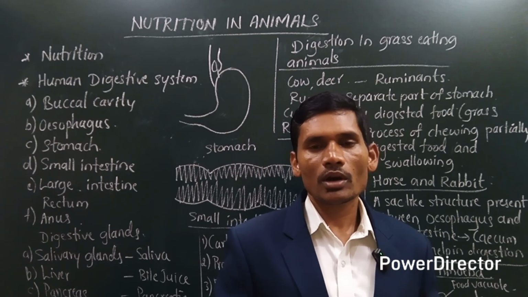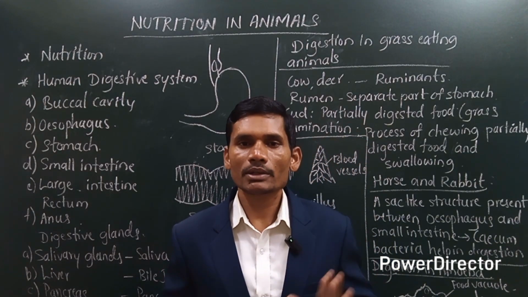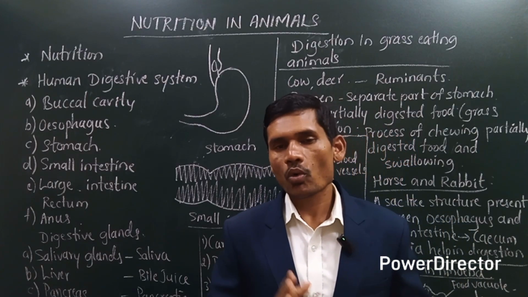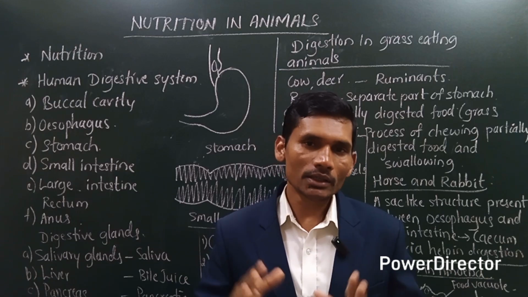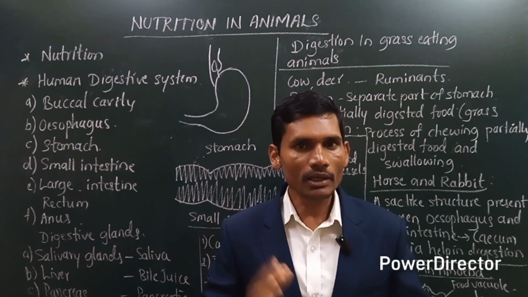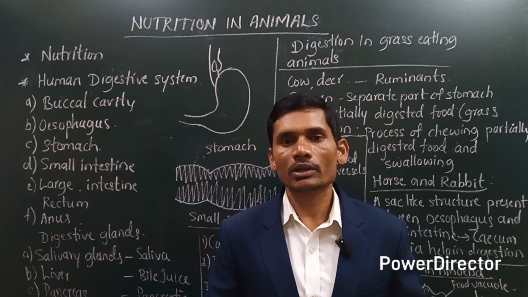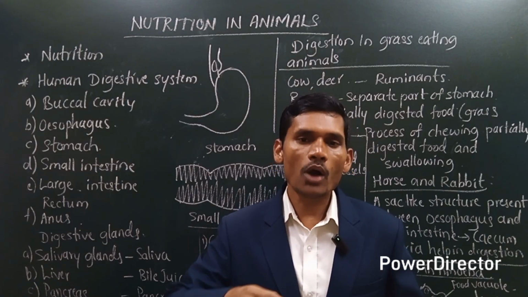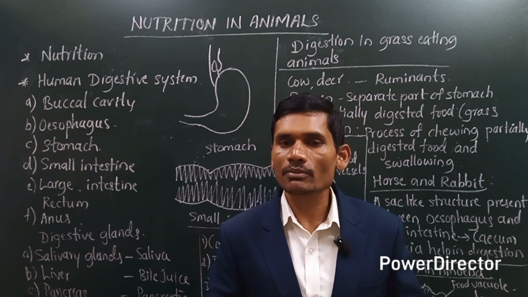Let us first come to know what nutrition in animals is. Nutrition in animals is the process which includes what type of nutrients are required by the organism, that is the animal especially, in what mode it takes in that food, and its utilization by its body.